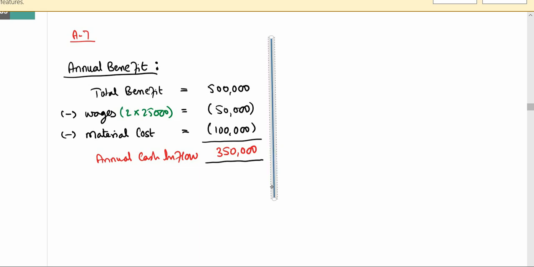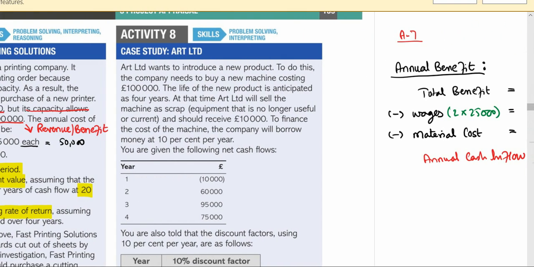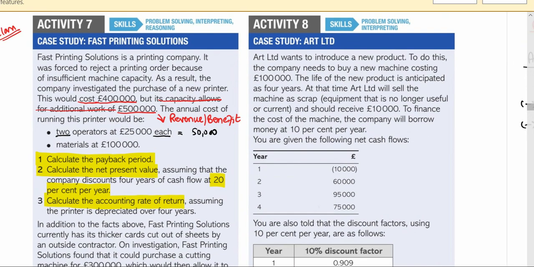Okay, so for the calculation of the payback period, we have to calculate in years how long we are going to operate.